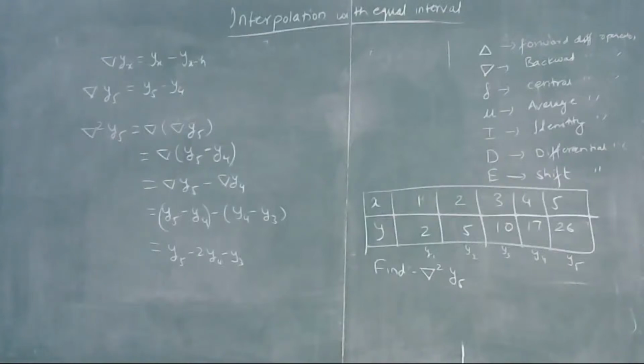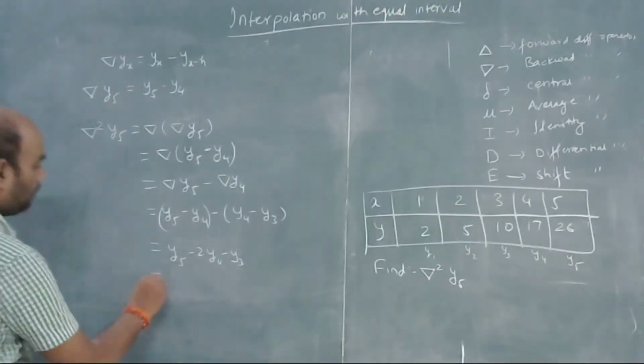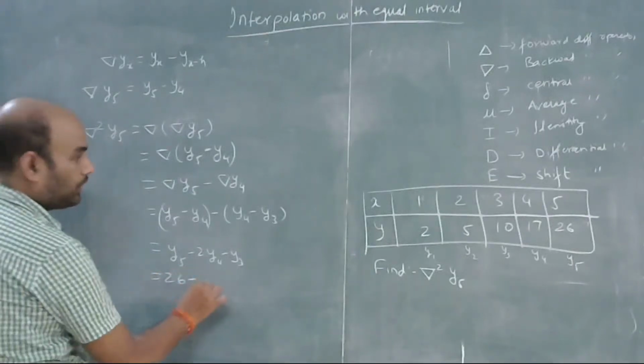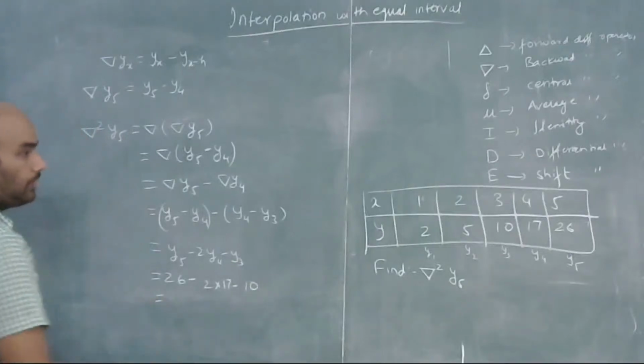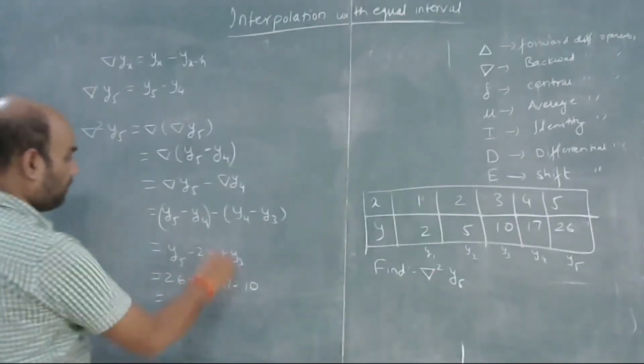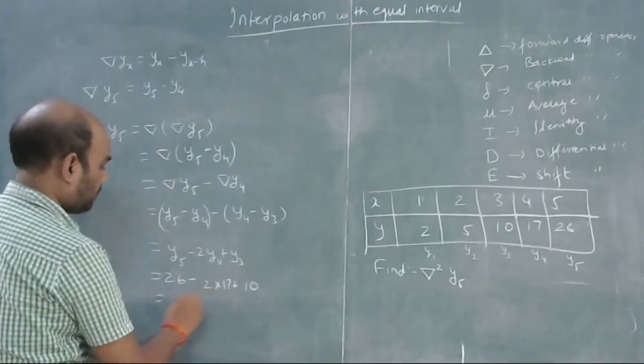This will be equal to 26 minus 2 into 17 plus 10. Okay. So there is 36 minus 34.